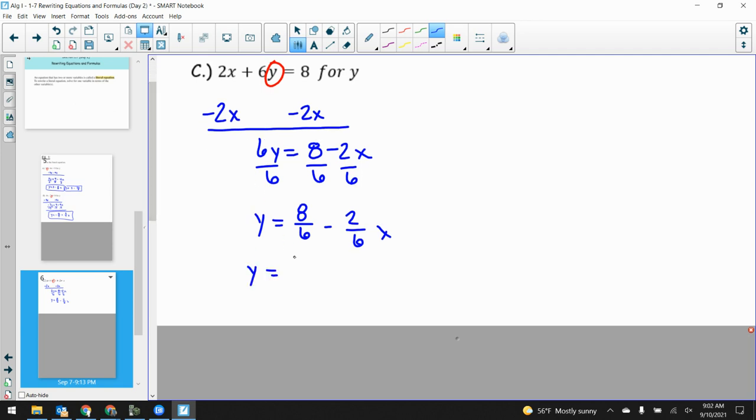So y is equal to 4/3 minus, now 2/6, 1/3 x. That's truly my answer. Now, if you got to y is equal to 8/6 minus 2/6 x, I'm happy for right now. By the time we get to the test, no. But for right now, it shows that you're doing the problem correctly, but we just got to reduce our fractions. Okay, let's do one more of these.